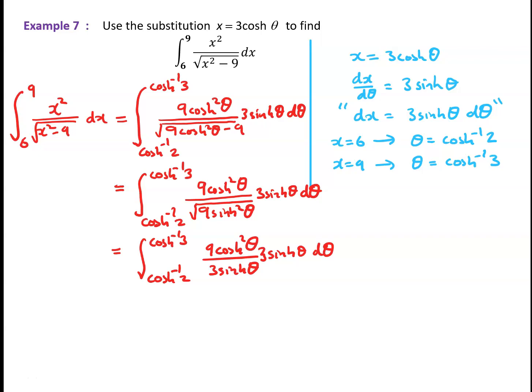So what I've now got is the integral of 9 cosh squared theta divided by 3 sinh theta times by 3 sinh theta. So the 3 sinh thetas can cancel each other out before I do any integration. So I've now just got the integral of 9 cosh squared theta.